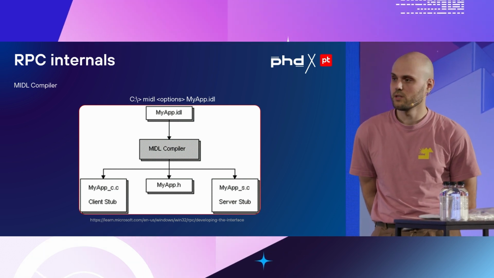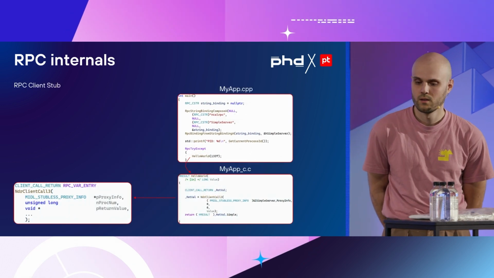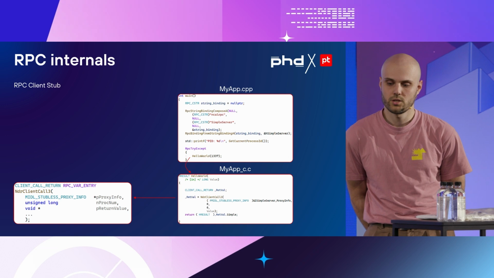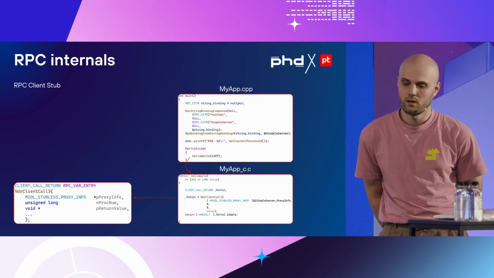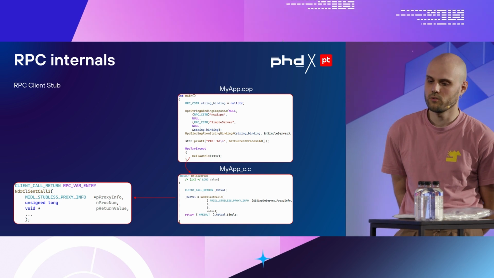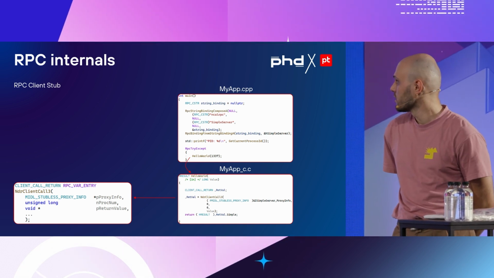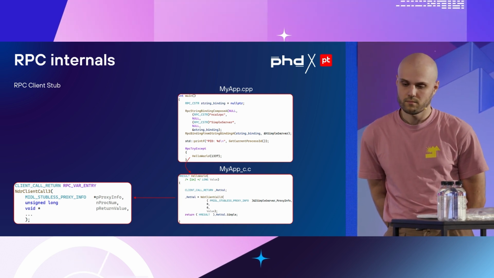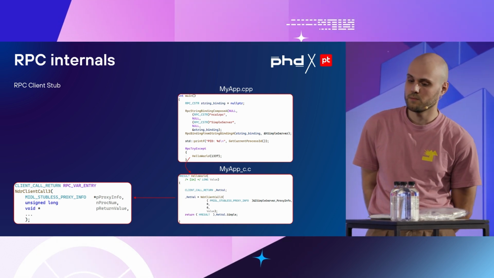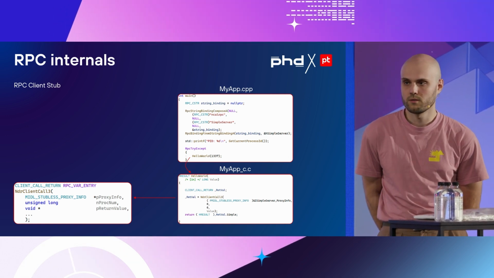Those files are linked to the client's application and the server application. So to call an RPC method, the client needs to connect to the server. In a simple case, if we know the protocol that the server is using and the name of the server, here's how it looks. As you can see, an RPC method call doesn't differ from just calling a function.